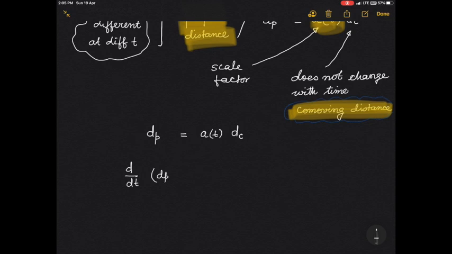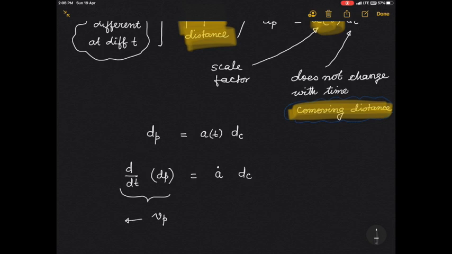If I now take a time derivative on both sides, then obviously there will be no time derivative of dc because the co-moving distance doesn't change. So I'll get a dot, the time derivative of a, times dc. The left hand side I can interpret as a velocity which I call proper velocity.